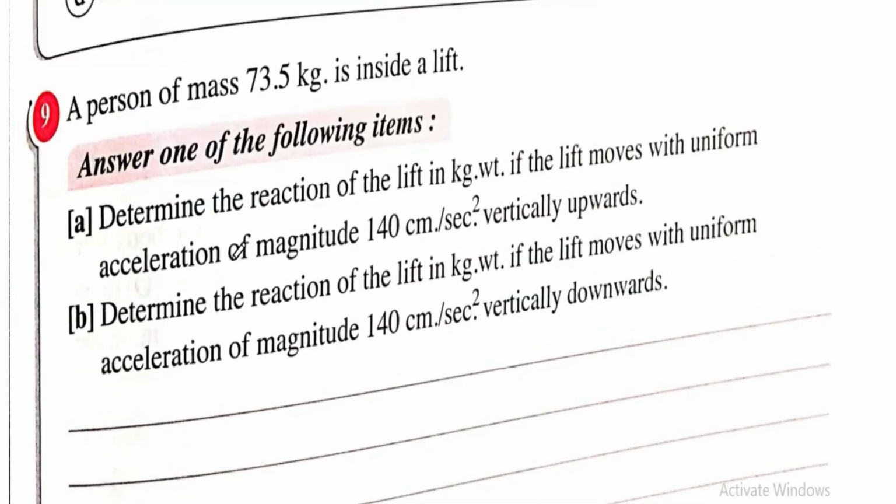A person of mass 73.5 kilograms is inside a lift. Determine the reaction of the lift in kilogram weight if the lift moves with uniform acceleration vertically upwards. Part A. In case of motion vertically upwards, R equals M multiplied by G plus A, from the equation of motion.